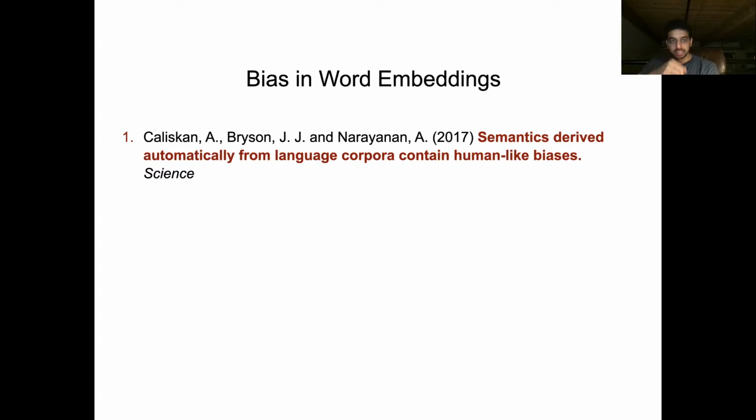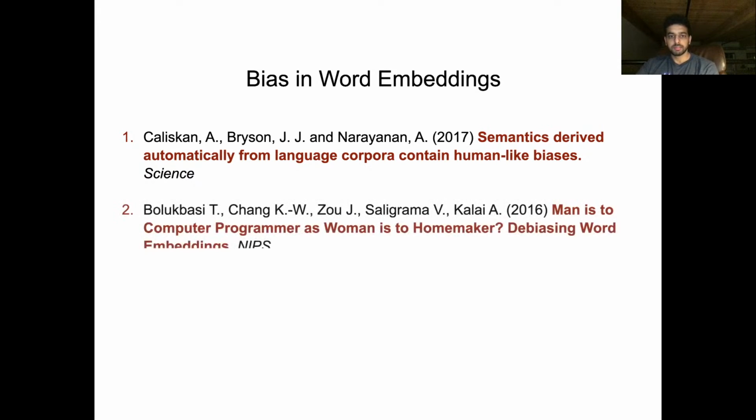The next thing that there's been a lot of work on over the past couple of years is bias in word embeddings. So I'm going to just briefly go through this, since things like word2vec have been very recently superseded by the contextualized embeddings that we get from things like BERT.